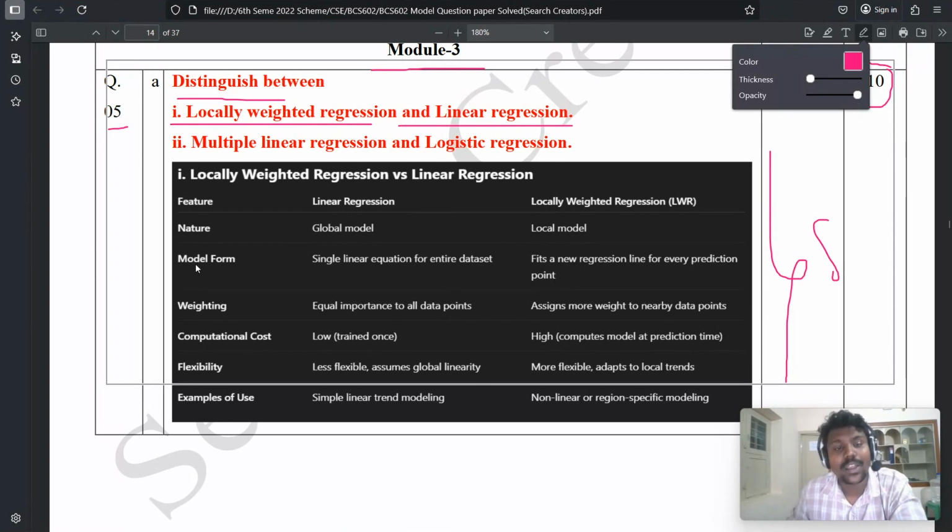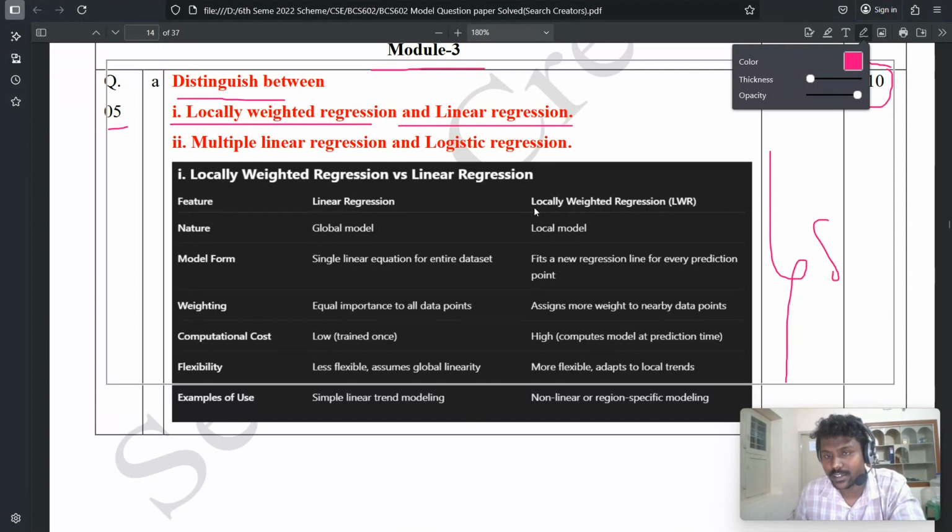Model form: a single linear equation for the entire data set in linear regression, while locally weighted regression fits a new regression line for every prediction point. This is the second difference. The third difference is weighting: linear regression gives equal importance to all data points.